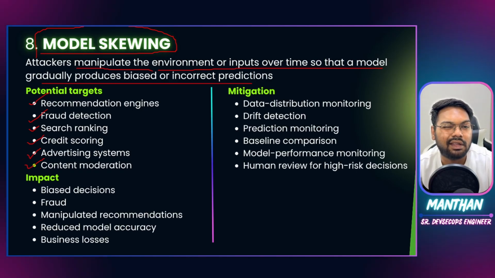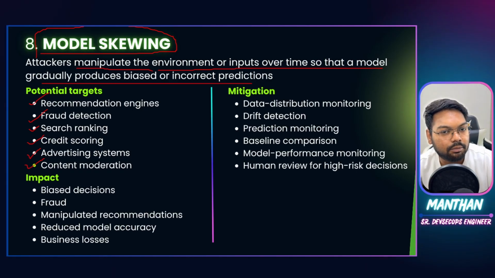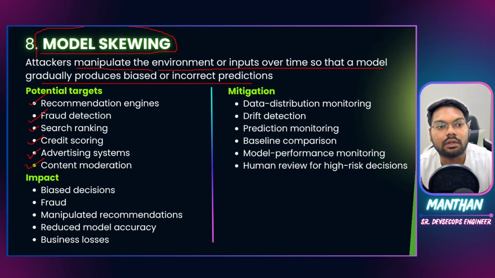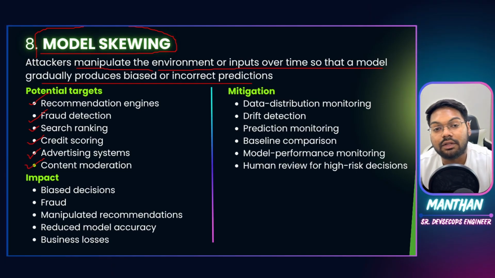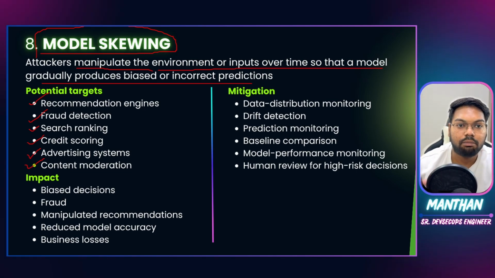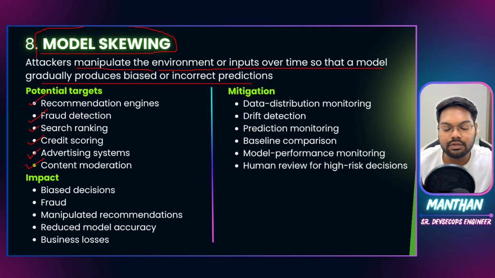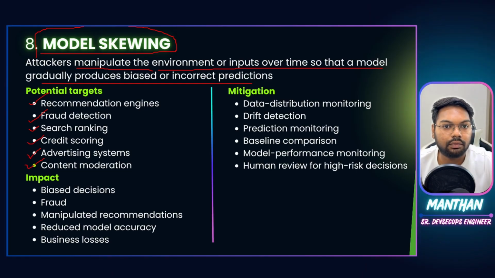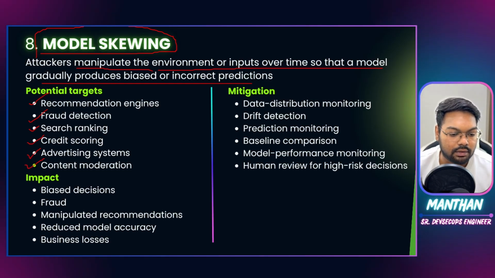It says, oh no, this supplier is bad, this supplier is good, the price range is higher, but it is still good because this is a trusted supplier. So that's how it biases the recommendation engine, and then it does certain fraudulent activities.